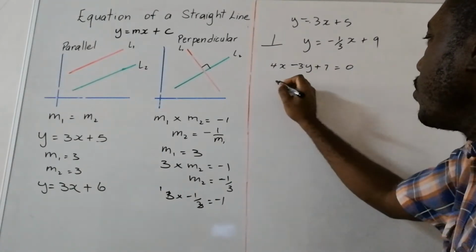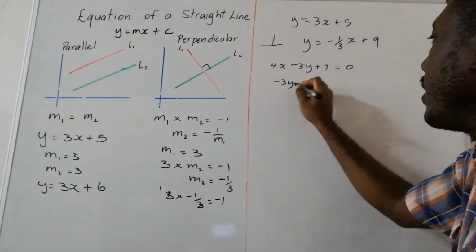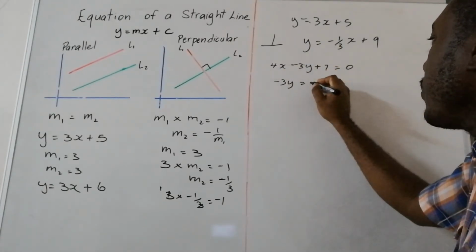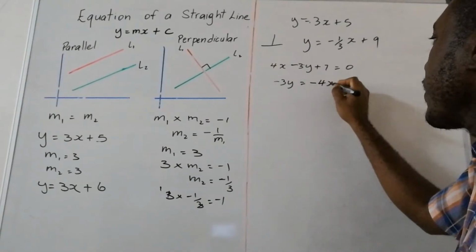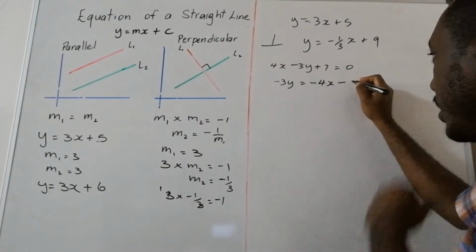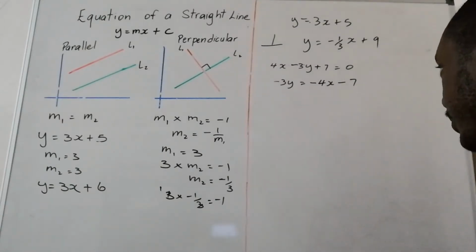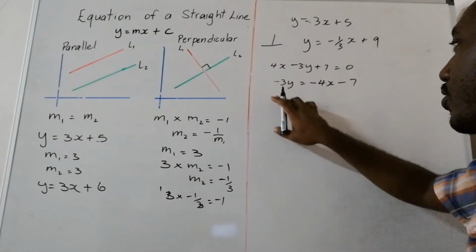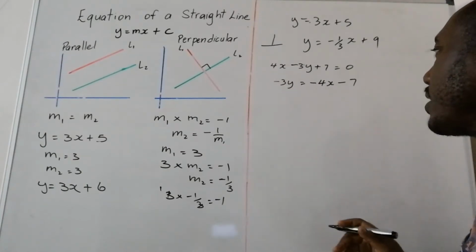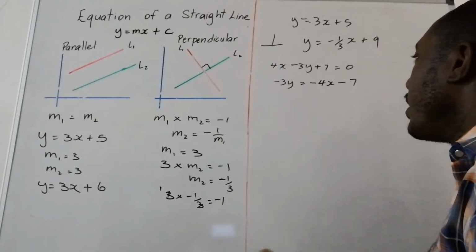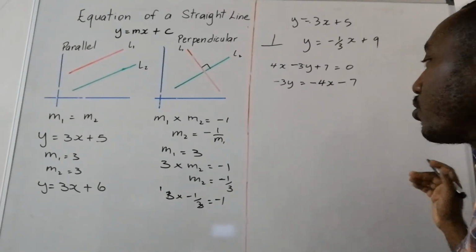Taking over 4x, we'll have minus 3y is equal to minus 4x, and when we take over the positive 7, we will have -7. So next, we need to take over the -3. Since -3 is multiplying, when it goes over, it will divide throughout.